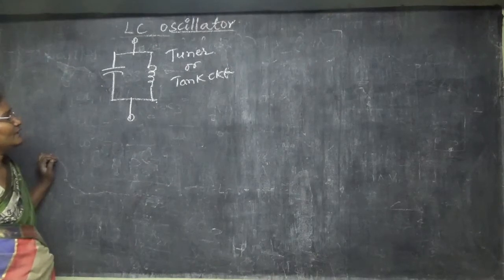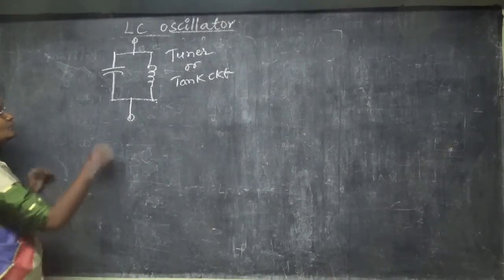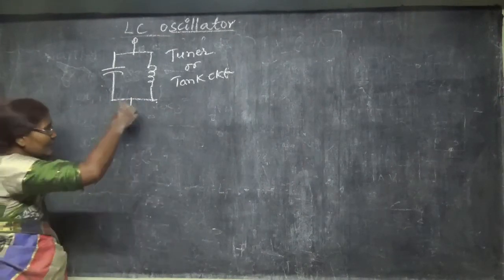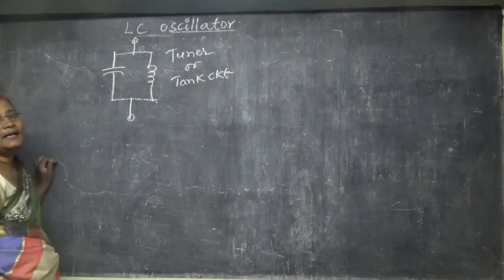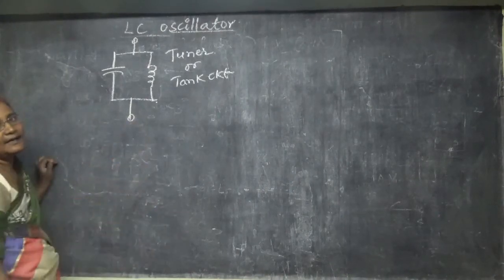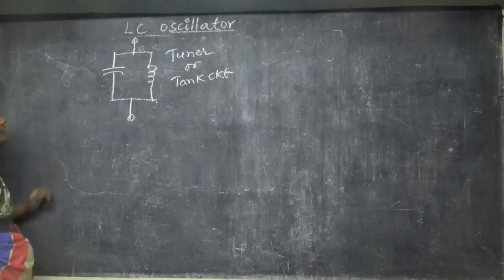That means whatever frequency you want to tune, that frequency can be tuned by using this tuner or tank circuit. And this is nothing but an LC oscillator circuit. How this will behave like an LC oscillator circuit, that we are going to see now.